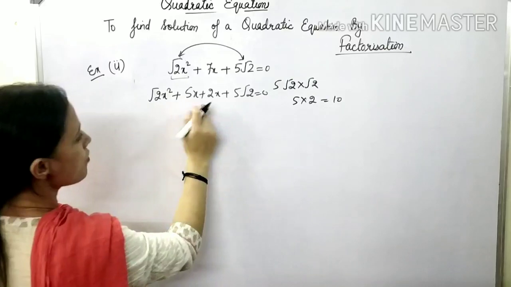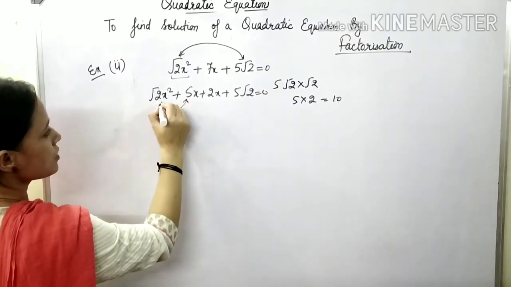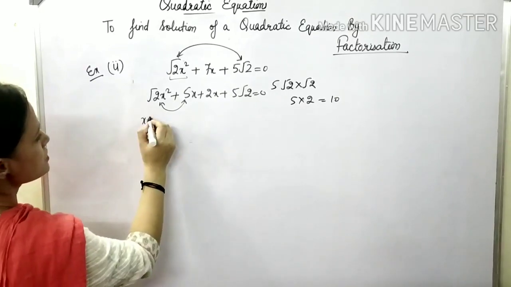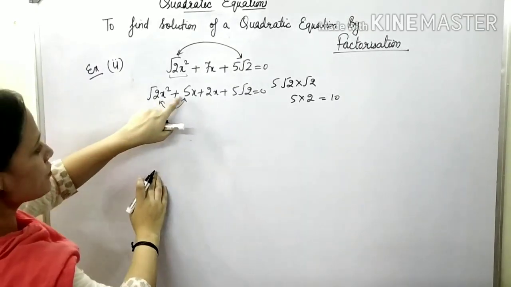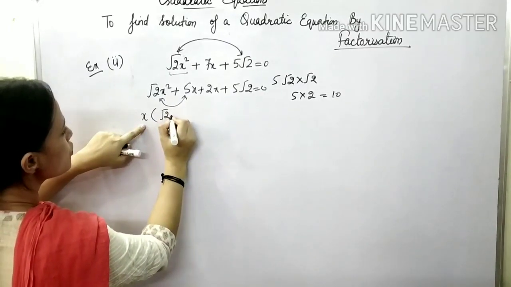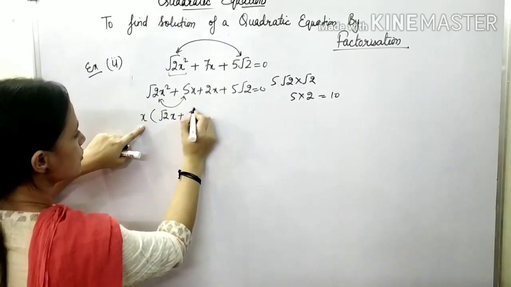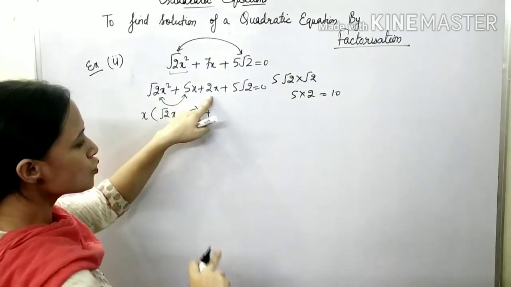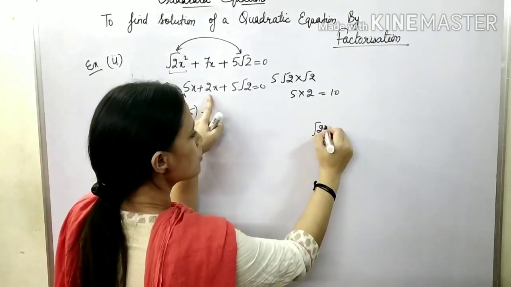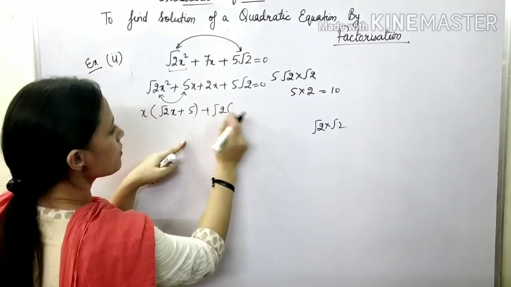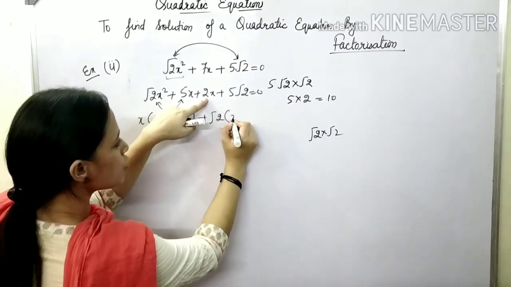Now taking the common from these two terms. See, here only x is common, so we'll write root 2 x plus 5. Then what is common here? See, 2 is actually root 2 into root 2. So we can take root 2 as common, and we are left with only root 2 here.